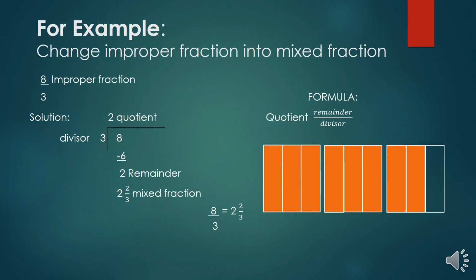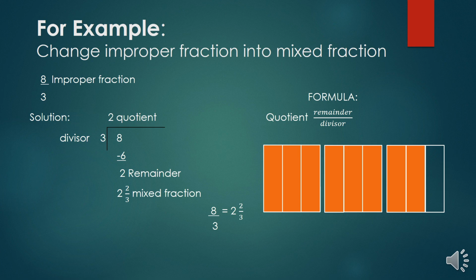Dear students, we can change an improper fraction into a mixed fraction by using a formula: quotient, remainder over divisor. For example, 8/3 is an improper fraction. To convert it into a mixed fraction, we divide 8 by 3 as in the example. 8 is not divisible by 3, so we do 3 times 2, which is 6.